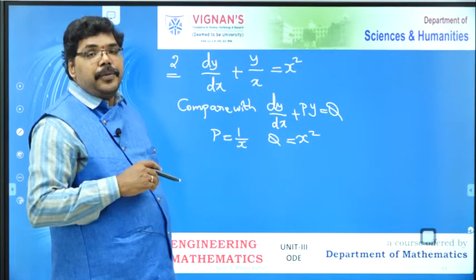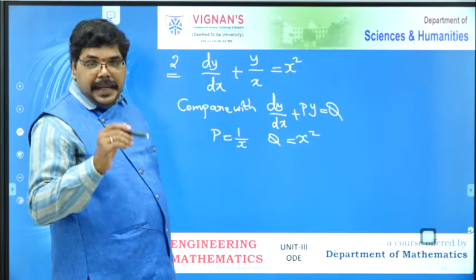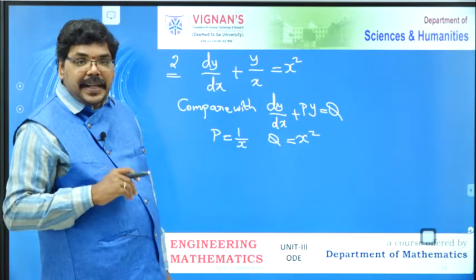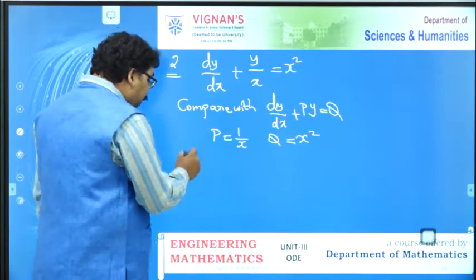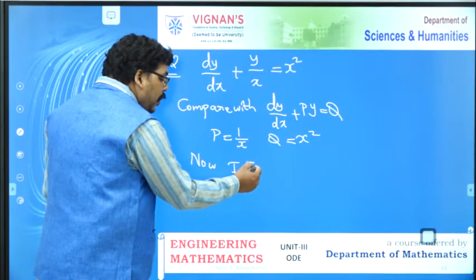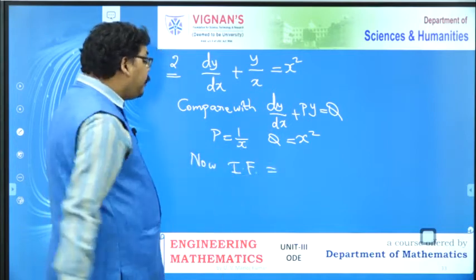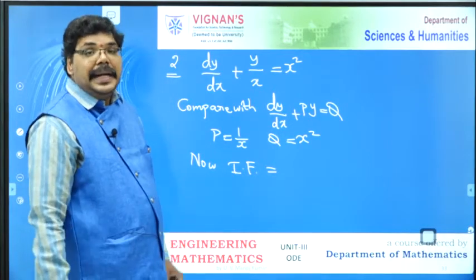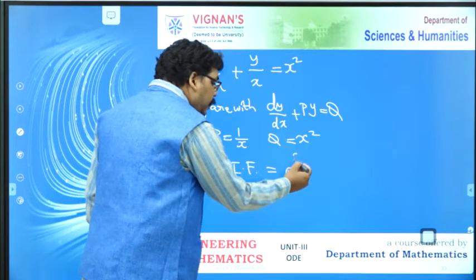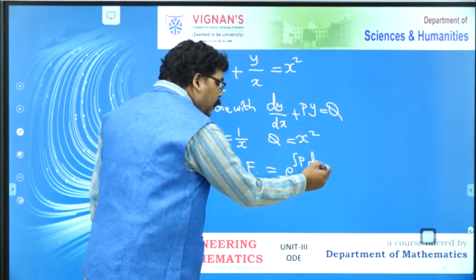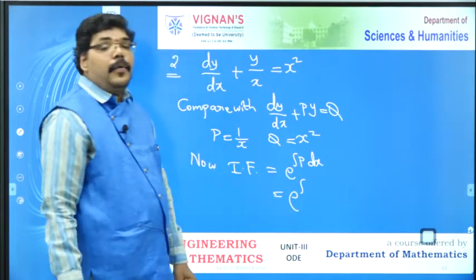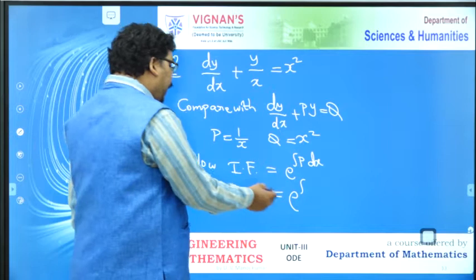After knowing p and q values, we have to calculate the integrating factor. Tell me the formula. What is the integrating factor? E power integral p dx. What is p? 1 by x.